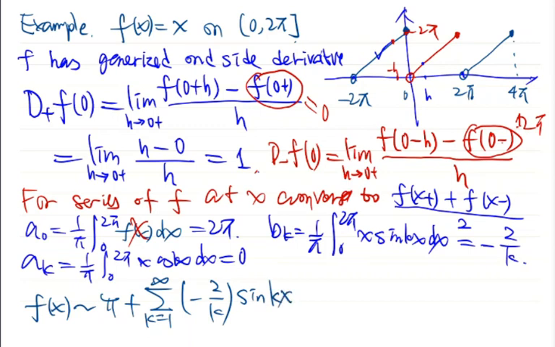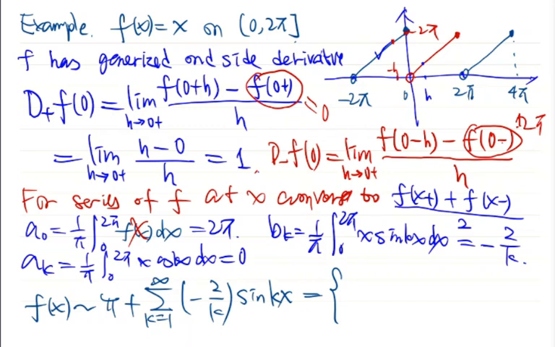So the right hand side is the Fourier series. It converges everywhere. The limit is what? The mean value of the one side limit at x.